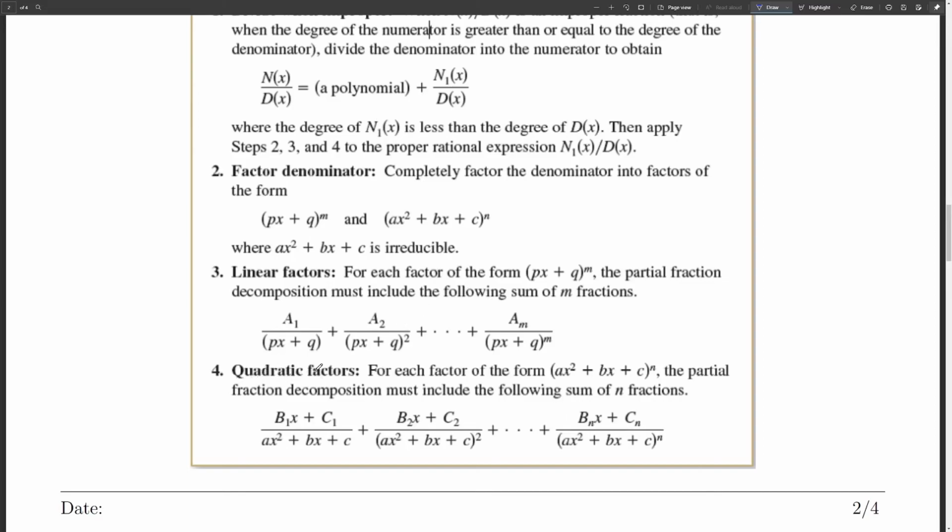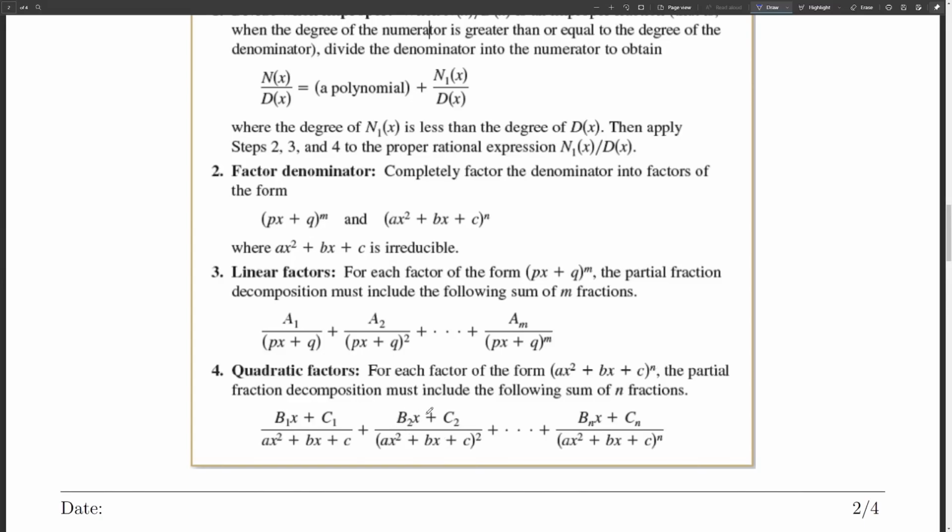So for quadratic factors, each irreducible factor of the form ax squared plus bx plus c to the power n leads to a sum of n fractions, and each fraction has a linear numerator. So it's a constant b1 times x plus a constant c1, and then your quadratic term on the bottom.